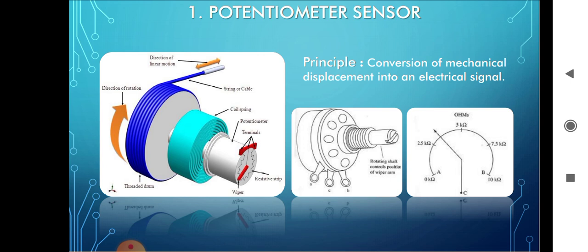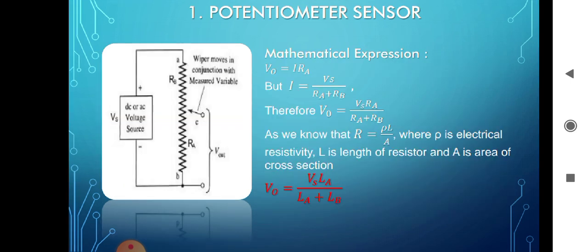The shaft of the potentiometer is a rod which gives the movement, and that movement is measured. The shaft rotation we can sense, and with the shaft rotation we achieve some voltage. That is the electrical signal we measure with the help of the potentiometer sensor.